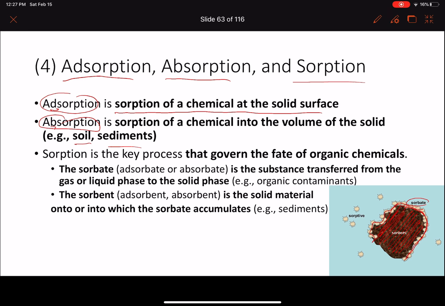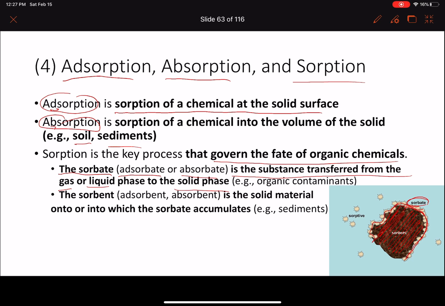So the sorption process can govern the fate of the organic chemicals. The sorbate, this sorbate, sometimes they call it the adsorbate or the absorbate, is a substance transferred from the gas or the liquid phase to the solid phase.